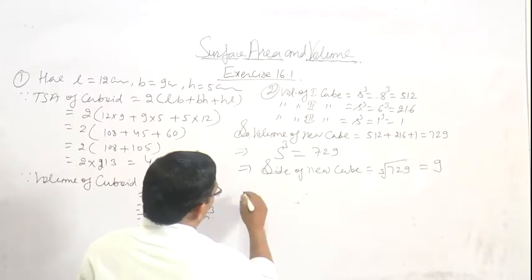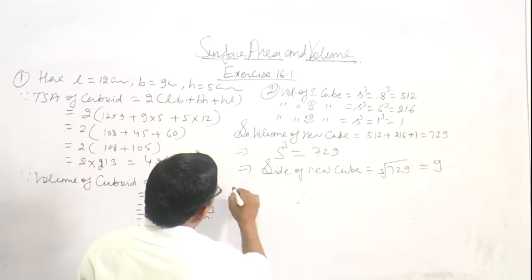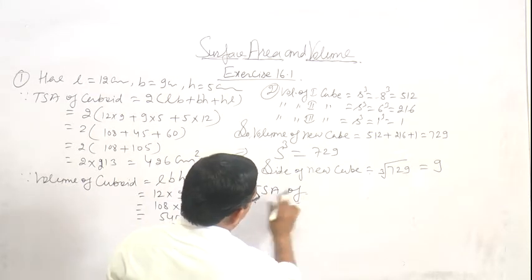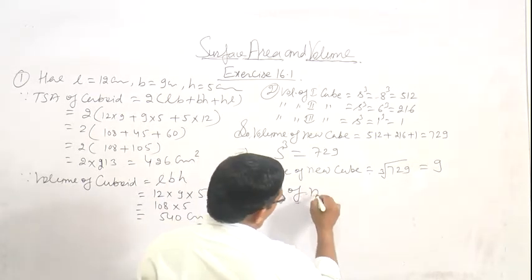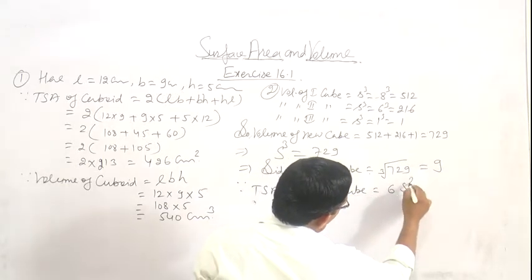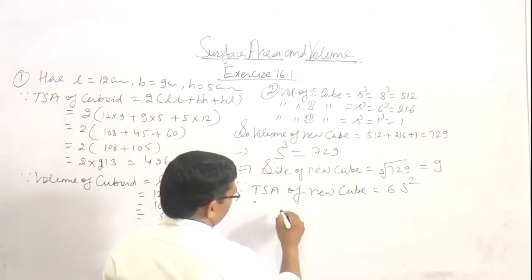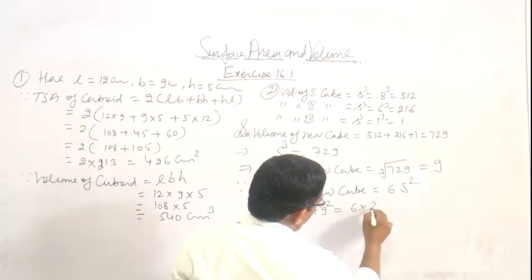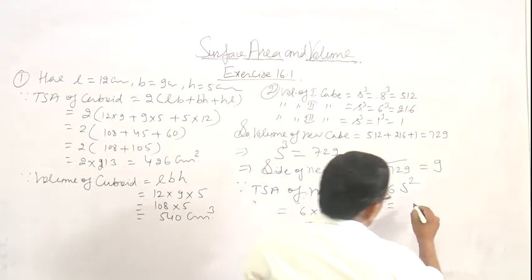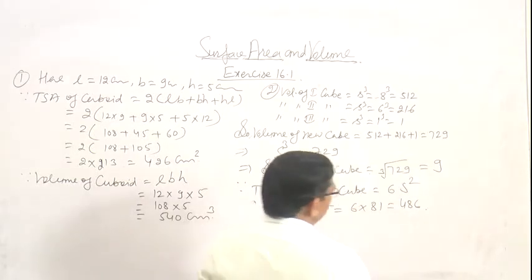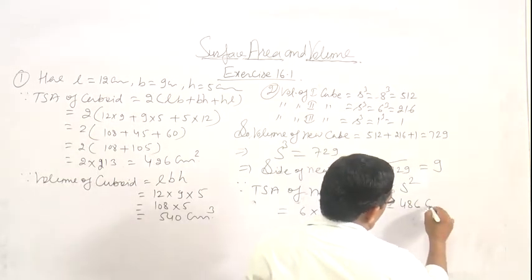We want to find out TSA, total surface area, because TSA of new cube is equal to 6 multiply side square is equal to 6 into 9 square is equal to 6 into 81, that is 486.